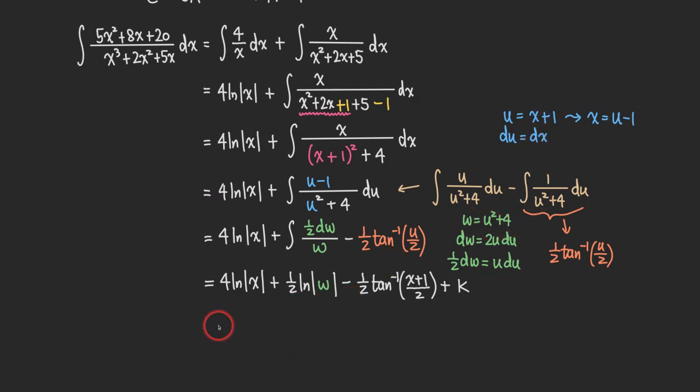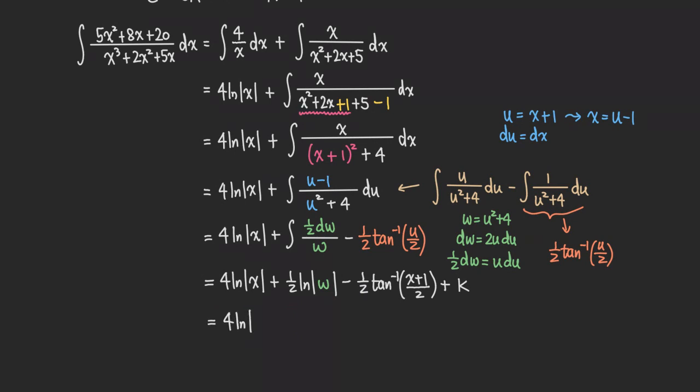So if we switch everything back to x, then we have 4 ln of absolute value of x. Okay, and then plus 1/2 ln of x plus 1 quantity squared, and then plus 4, right? Because if we replace the w, then it's u squared plus 4.